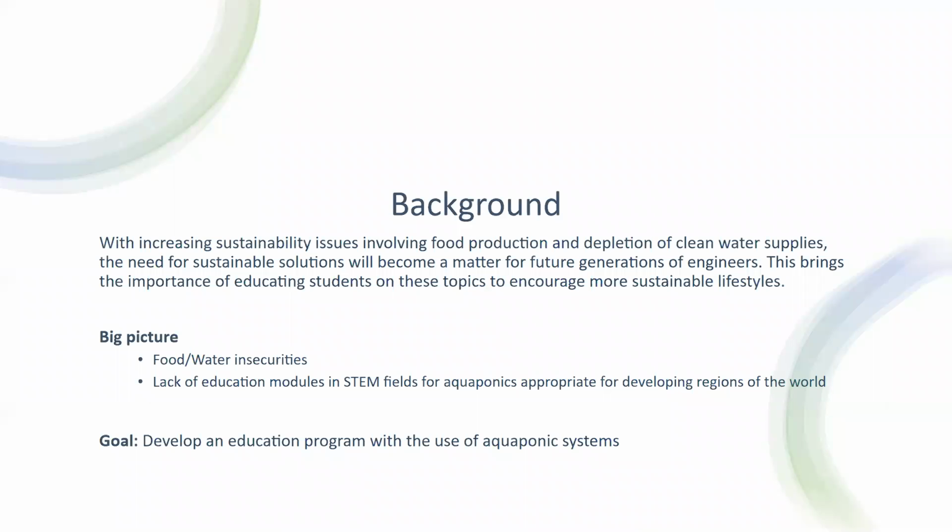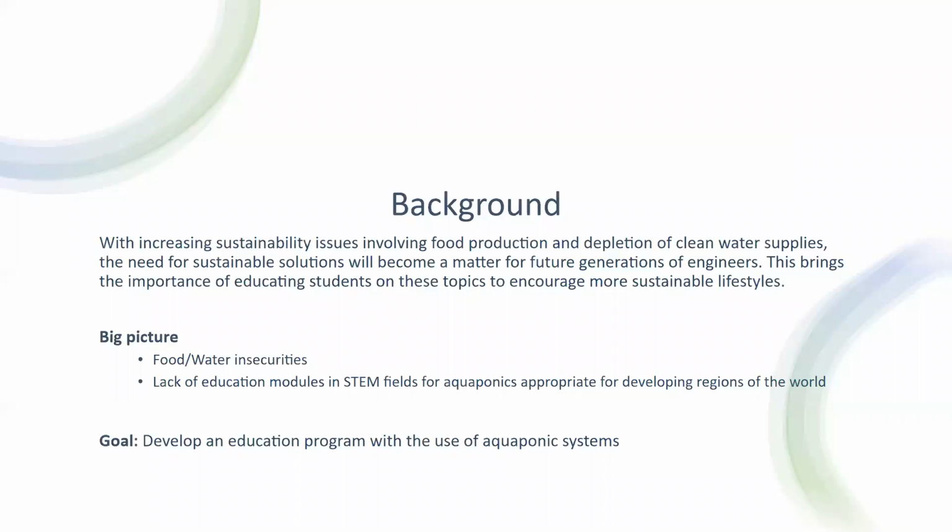So to give you a little background, there are increasing sustainability issues in developing regions of the world, especially Uganda, and these issues are food production and lack of a clean water supply. And I believe that it's very important to be educated on these matters.